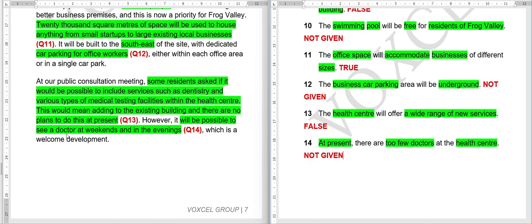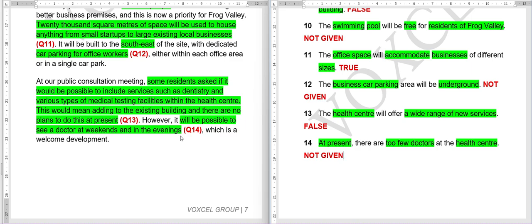They're just saying it will be possible to see a doctor at weekends and in the evenings, and it's a positive welcome development. But there is no mention of whether the number of doctors is enough or not enough. So that's why the answer to this will be not given.